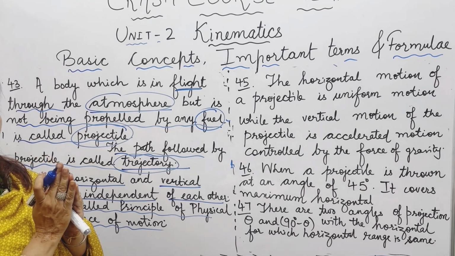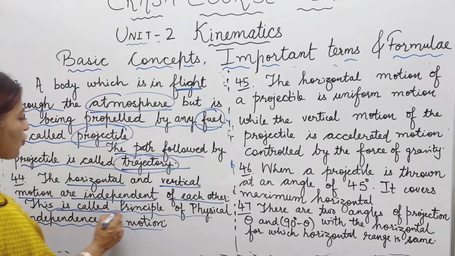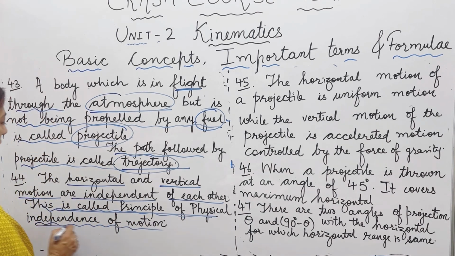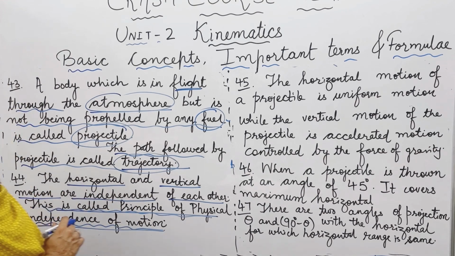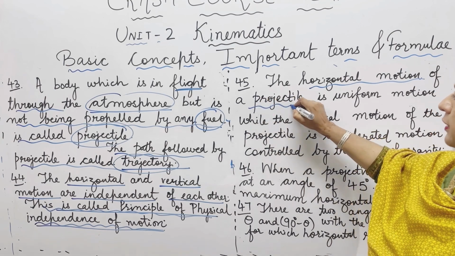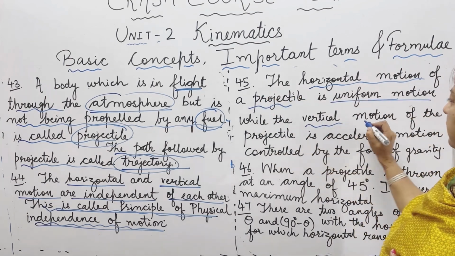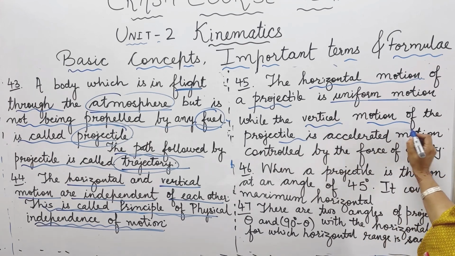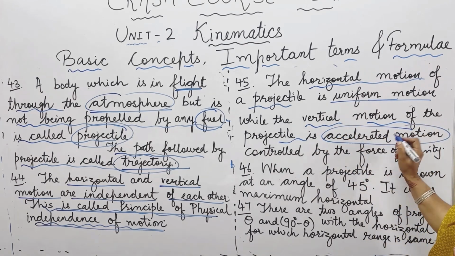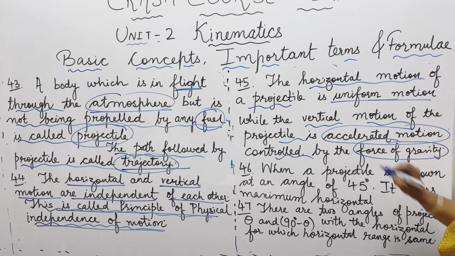Horizontal and vertical components are split and they do not depend on one another. This is called the principle of physical independence of motion. The horizontal motion of a projectile is uniform motion, while the vertical motion is accelerated motion, and this accelerated motion is controlled by the force of gravity.